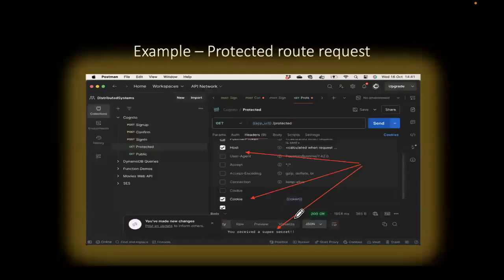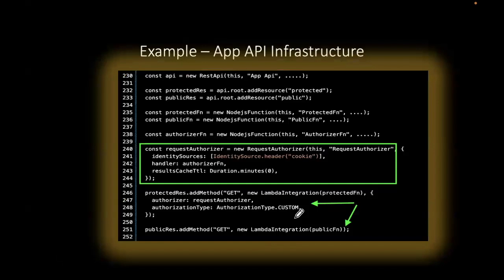Oh yeah, maybe I did make this point the last day, but how do you tell the app API that a particular Lambda is protected or not, i.e., it requires the token to be authenticated.